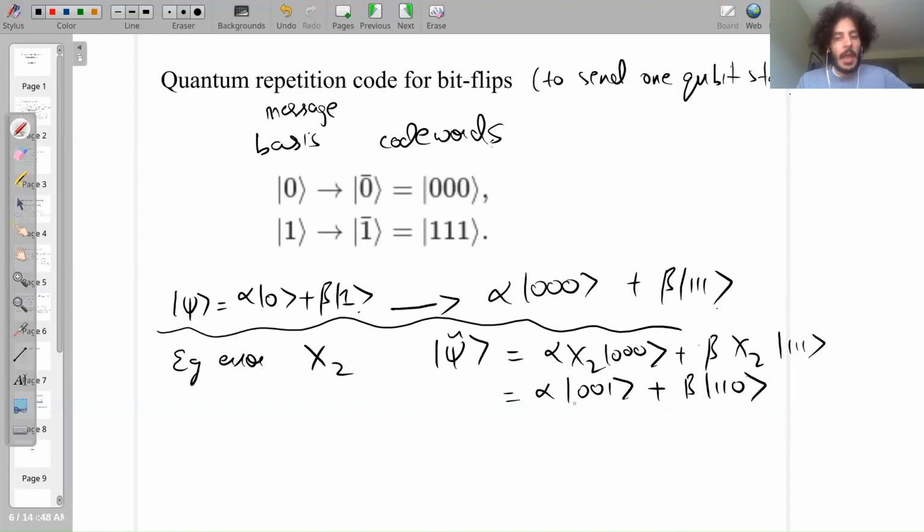Now, again, we have the same idea that we are going to compare the values of different bits. Remember, this is quite an important thing.